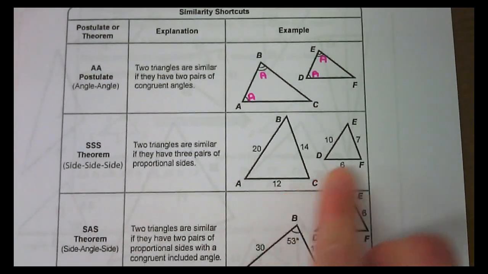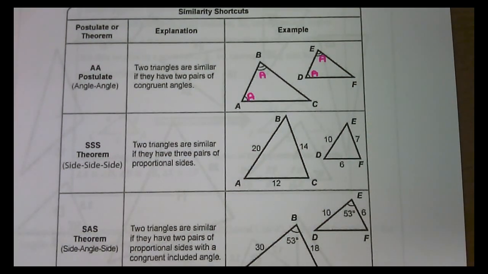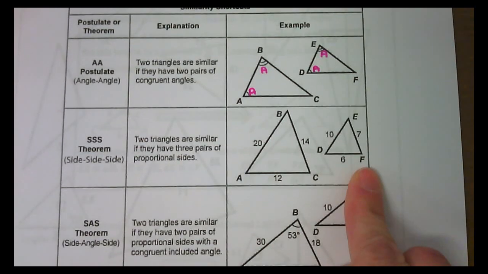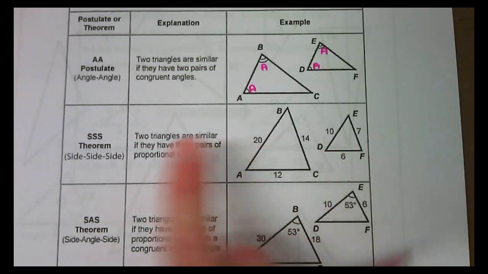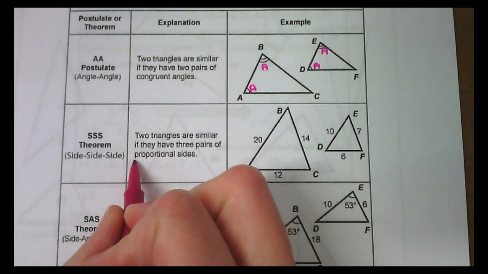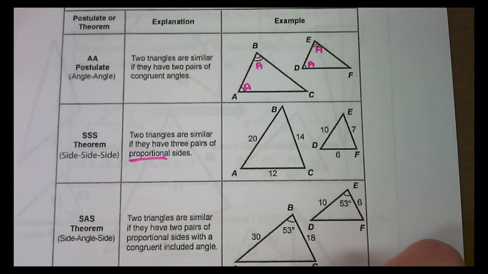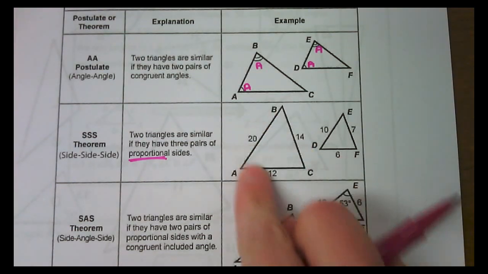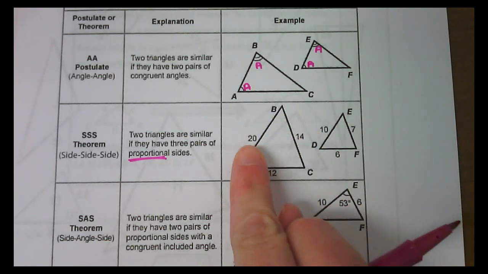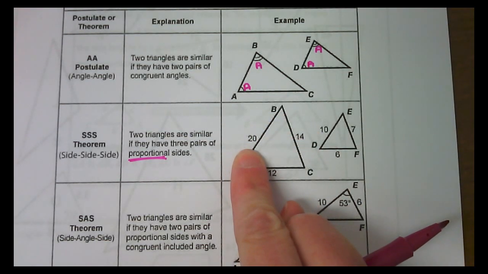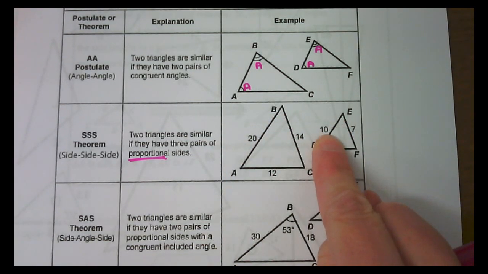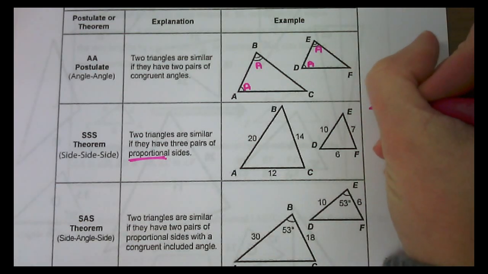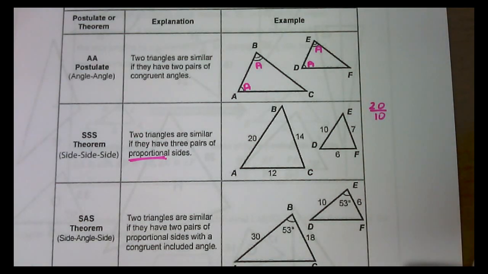In this triangle, we don't have any information about angles. We only have information about sides. So what this is saying is that the 3 sides are proportional. Proportional means we can set up ratios and they simplify to the same thing. So in this triangle, if I compare the longest side to the longest side of this triangle, I would have 20/10.